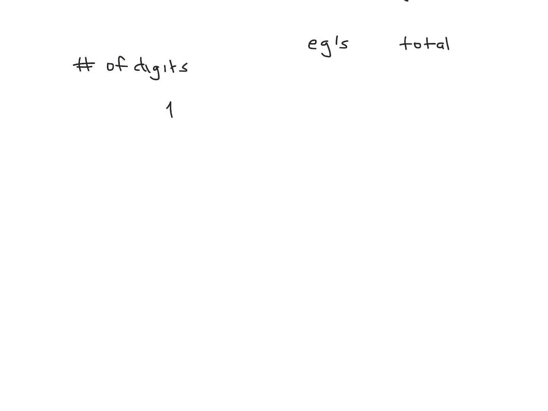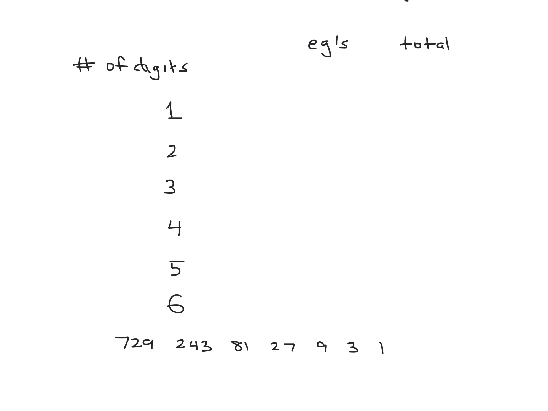So we have 1 digit, 2 digit, 3 digit, 4 digit, 5 digit, and 6 digit. We're going up to 1,000, right? So what's 1,000 in base 3? We can do this pretty quickly. 729, 243, 81, 27, 9, 3, and 1, right?